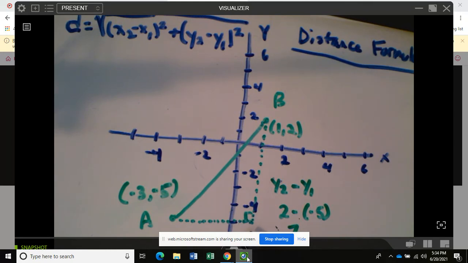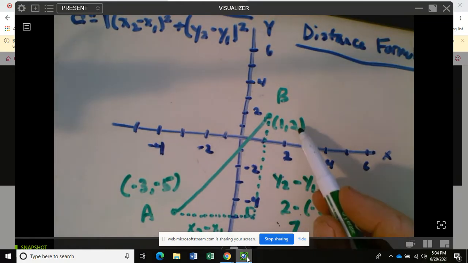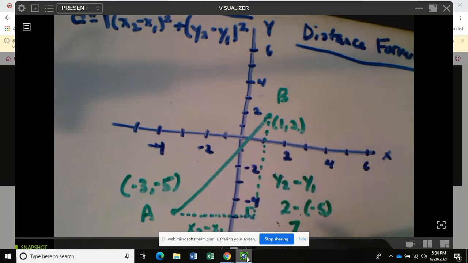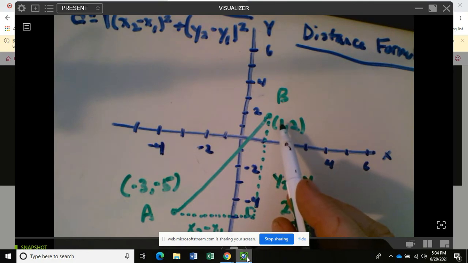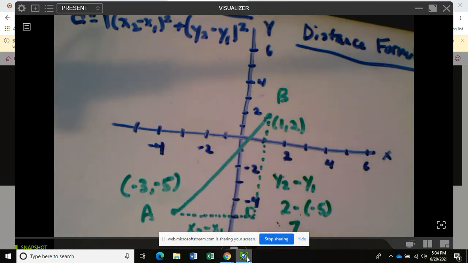And this side down here, this side of the triangle is x2 minus x1, which is +1 minus -3, which is 4.